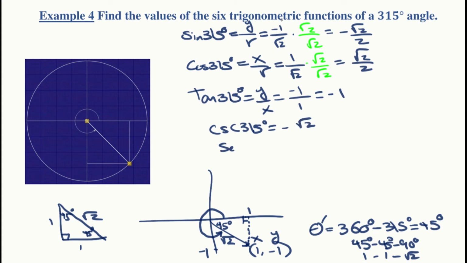For the secant of 315 degrees, we're going to take the reciprocal of this. So that's just going to be square root of 2. And for the cotangent of 315 degrees, we're going to take the reciprocal of negative 1, which is of course also negative 1. And that's it. That's how you would handle a problem like that.